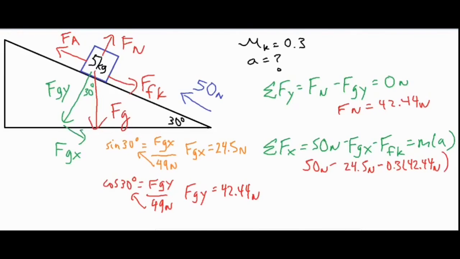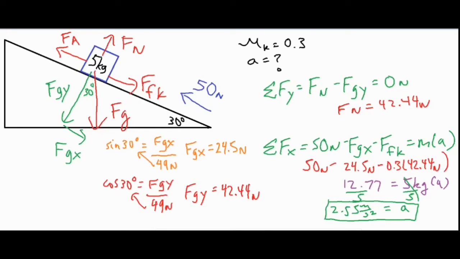Then after we combine those three numbers, we get 12.77, and that equals our 5 kilograms times A. And then we go ahead and divide both sides by 5. And that leaves us with 2.55 meters per second squared as our final acceleration.